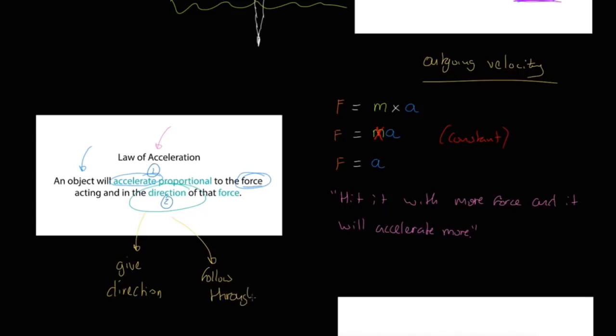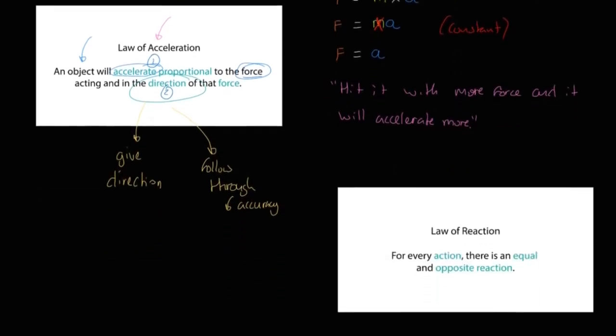Now, if we talk about impulse, we'd know that force times time, if we apply the force for longer, we get a greater impulse, but also we get a greater accuracy. We get a greater accuracy of direction by applying something like a follow through, because the follow through, of course, acts in the direction of the intended travel. So the law of acceleration works in that way.